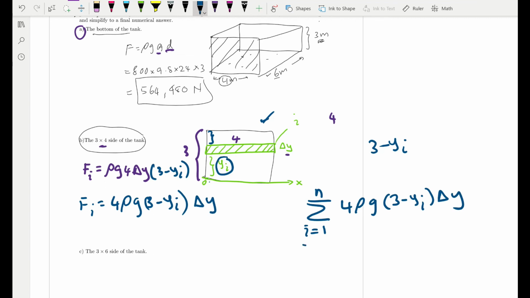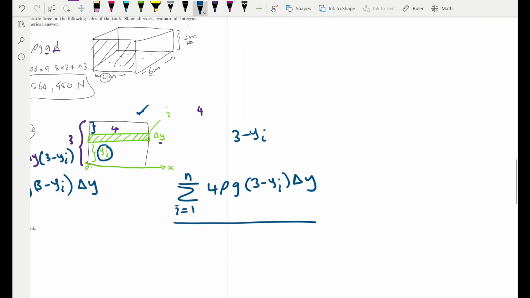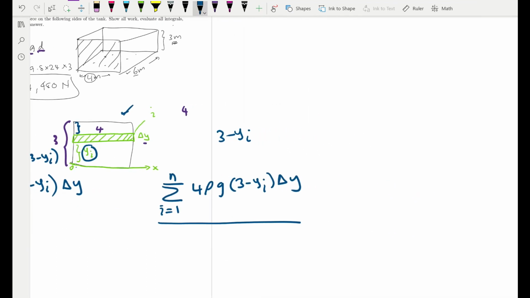This is the force acting upon the entire side using n slices. Now if you want a more accurate answer, you keep increasing the number of slices. You let n go to infinity.